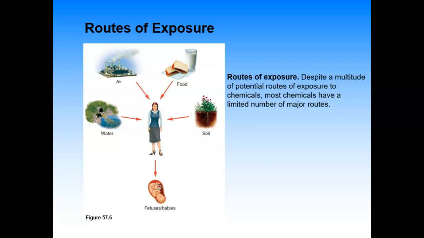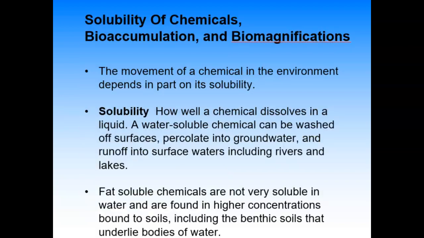Water pollution is also going to be a great vector for waterborne diseases. Water is going to be a great factor because the chemical's solubility is going to tell us how greatly it is going to dissolve in water.